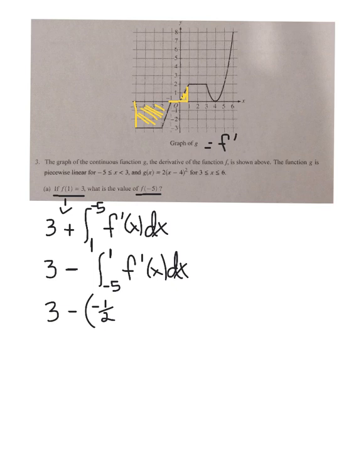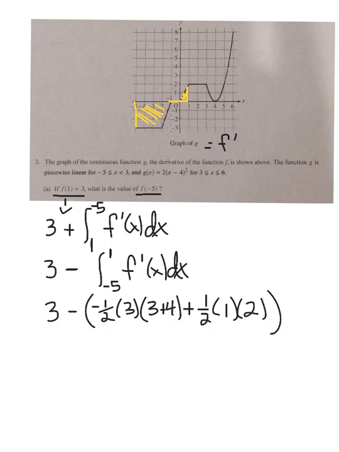That's why that 1/2 is negative. The height of that is 3. And the two bases are 3 and 4. Okay, so there's the trapezoid. Plus, now the area of the triangle. The triangle is above the x-axis, so we're good to go there, so we can keep that positive. 1/2 of 1 times 2.